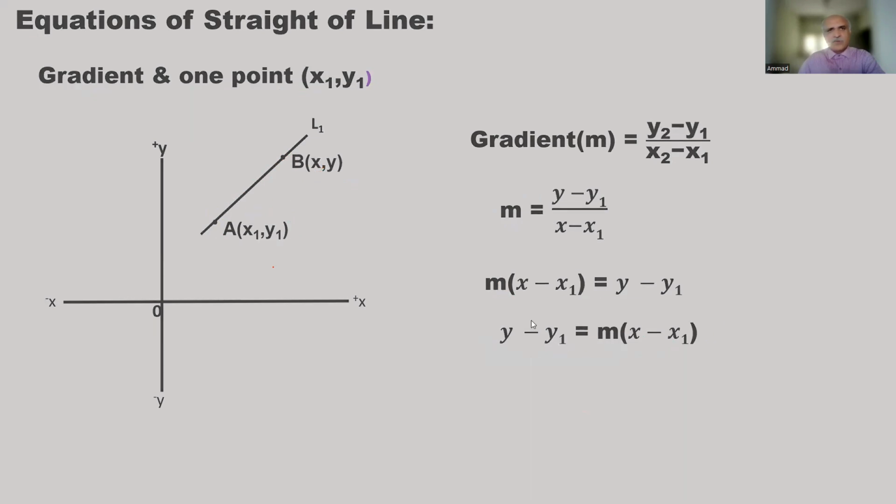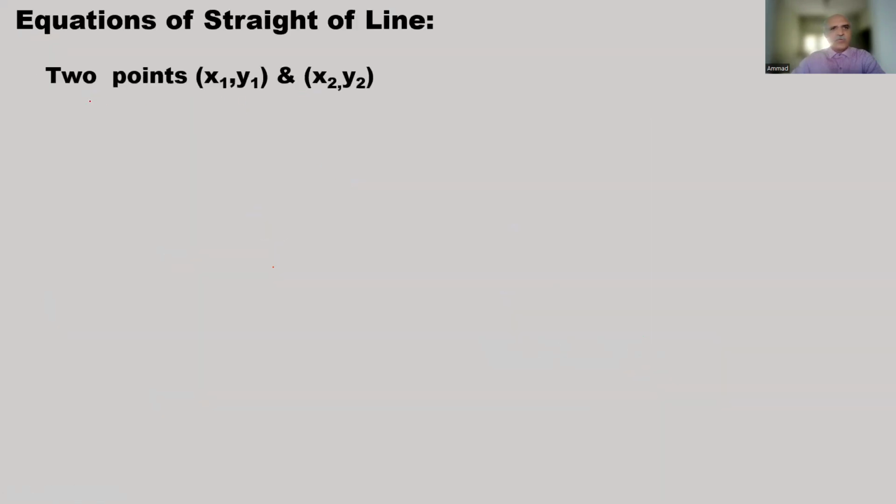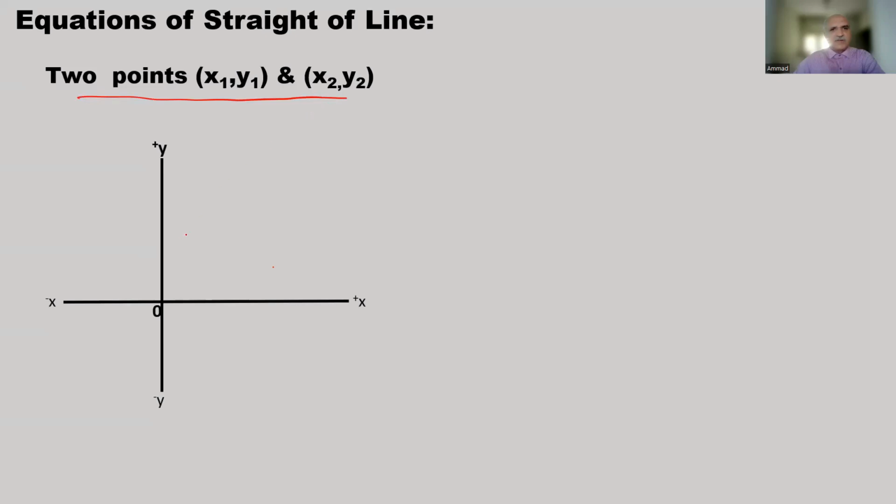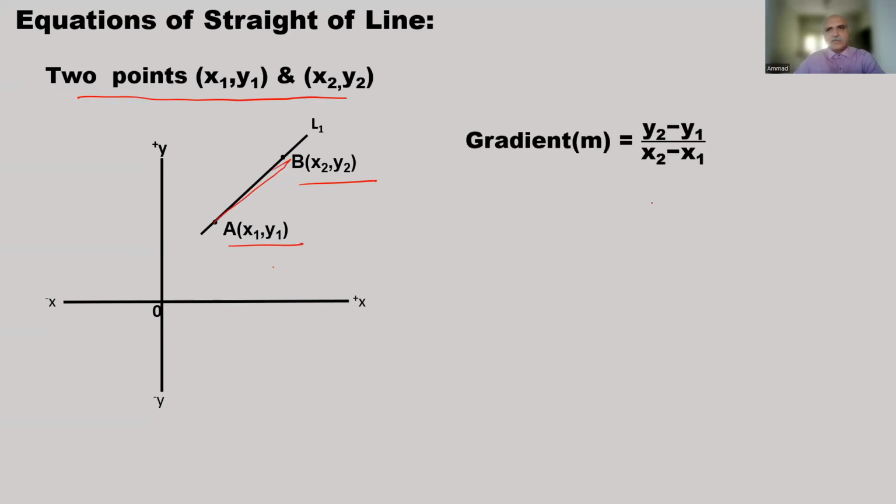Now next is when 2 points on a line are given. Suppose this is a line, point A is given and point B is also given. We can apply the gradient formula. This is y2, this is y1, x2, x1, the same values.